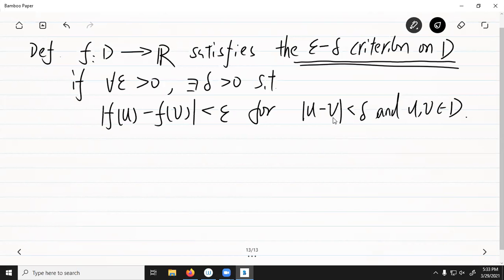Okay. So then we have the theorem. We will not prove the theorem because the proof would be almost exactly the same.